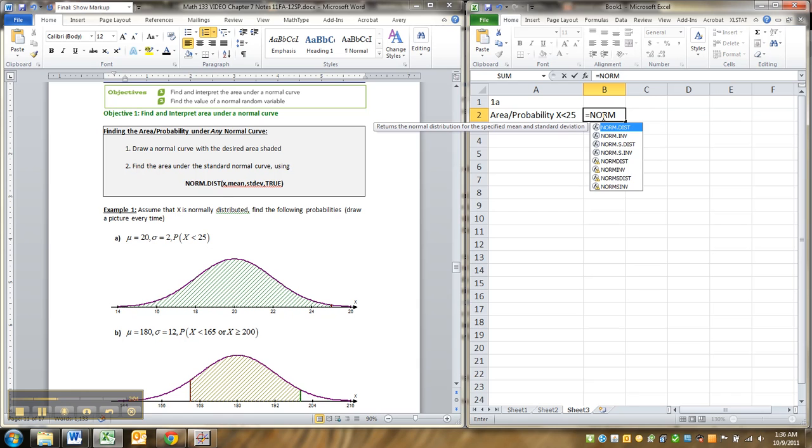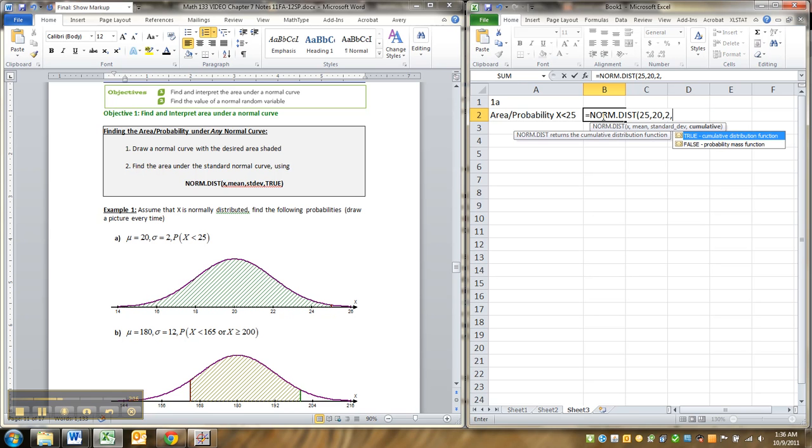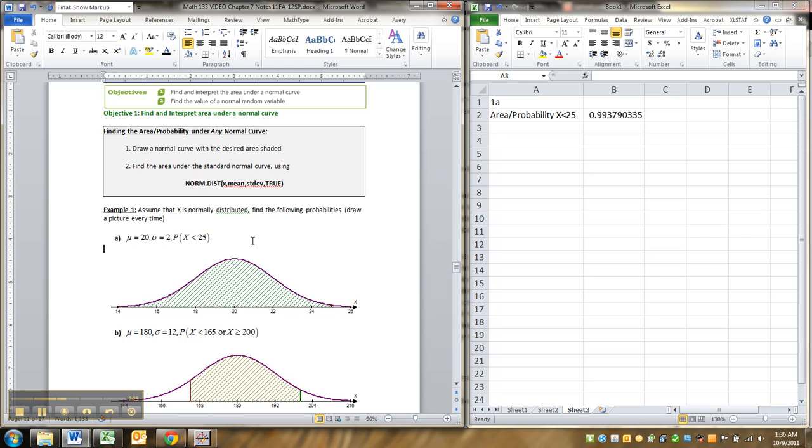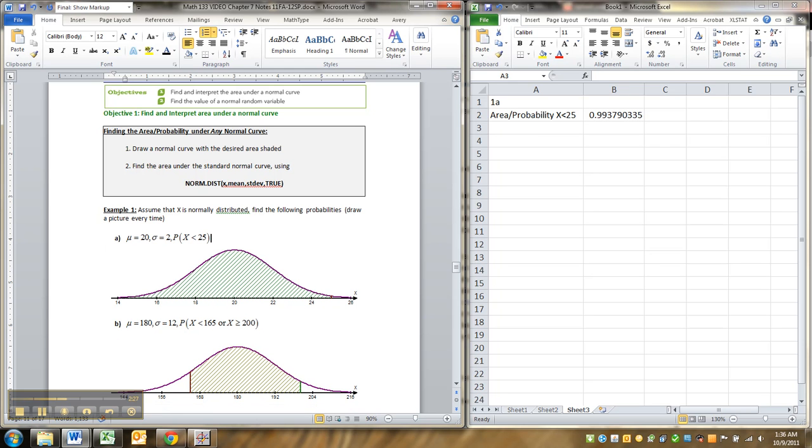Now again, it's dot dist for mine because I have Excel 2010, or just regular norm dist with no dot in it for older versions. My x is 25. My mean was 20. My standard deviation was 2. We will always say true for cumulative. Done. There you go. So this particular answer is 0.9938.